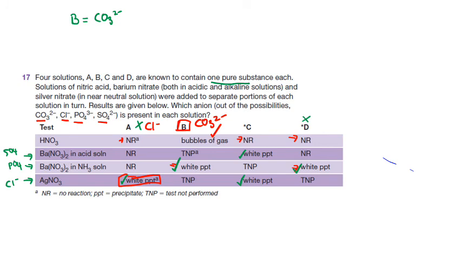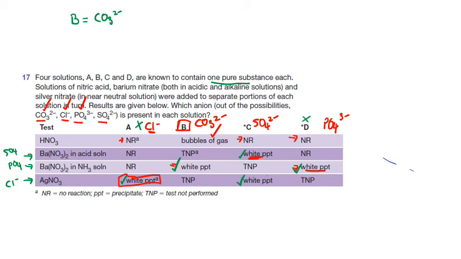This has two that are positive. So it could be chloride here, but because there's this other positive test, that sort of makes this one have to be chloride. Likewise over here, there's only one positive test, so this one has to be my phosphate. Okay, so I've done my carbonate, I've done my chloride, I've done my phosphate. That means, ergo, this one must be my sulfate.